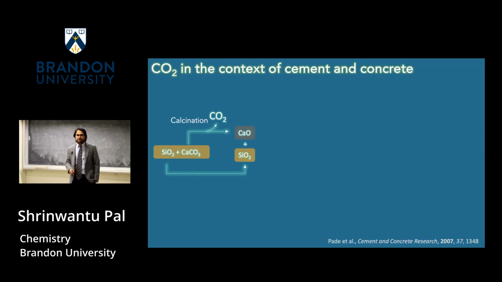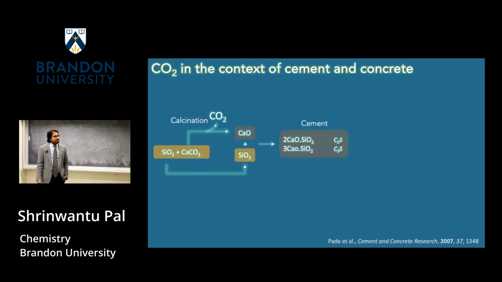So calcination essentially is just calcium carbonate being heated, releasing CO2. If you balance the reaction, you'll see that once you take out CO2, you end up with calcium oxide. Then calcium oxide comes in contact with the already dispersed silica in the medium and forms two important compounds.